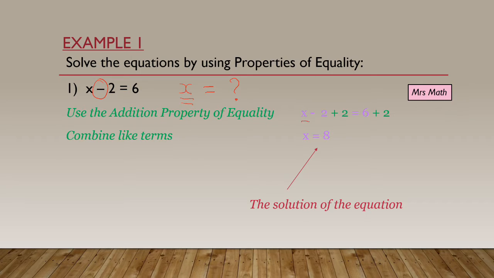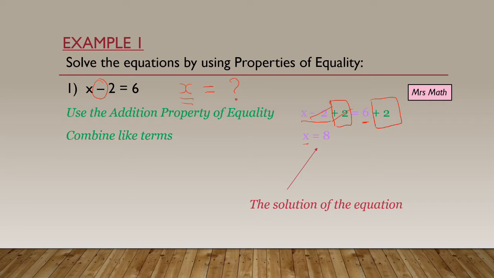So this is x minus 2, the original expression on the left hand side, and 6 is the original expression on the right hand side. We add 2 on the left hand side and we also add 2 on the right hand side. Now x minus 2 plus 2, the minus 2 and plus 2 cancel together, they are 0.